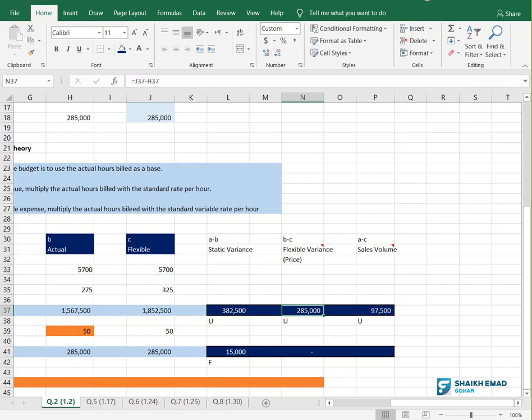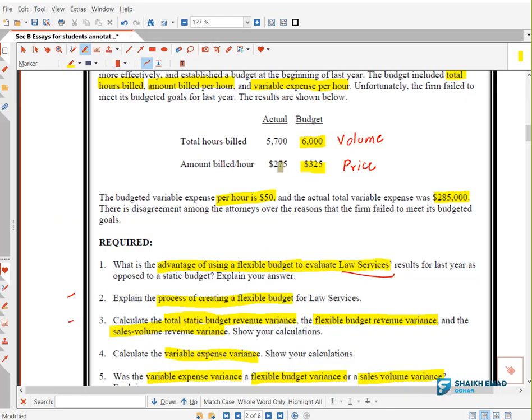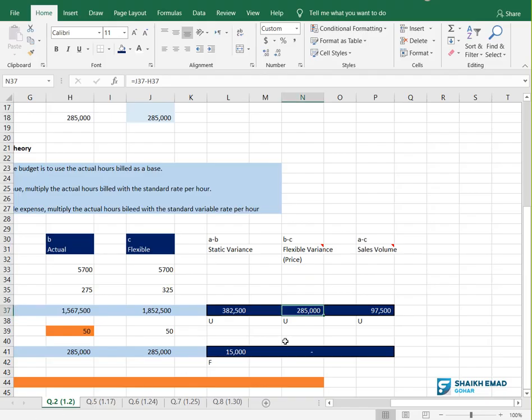Because if you remember, this is a huge discount. They budgeted they will charge 325, but actually they charged how much? 275. Around $50 less they charged to the clients. And because of that, the main problem is charging less rate, not billing less hours.